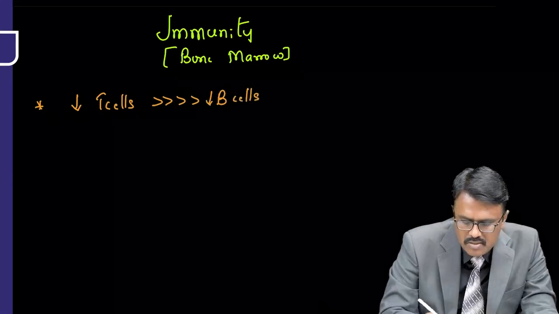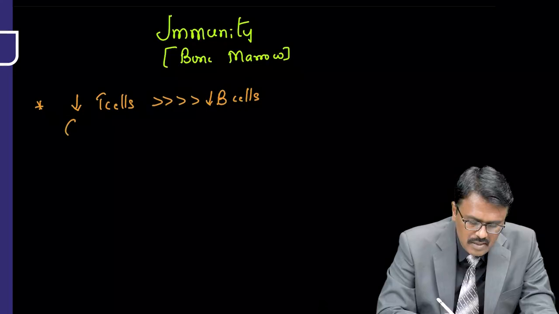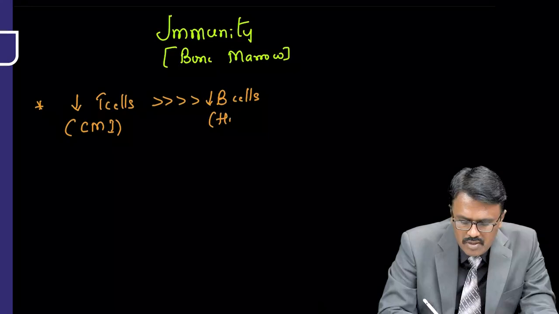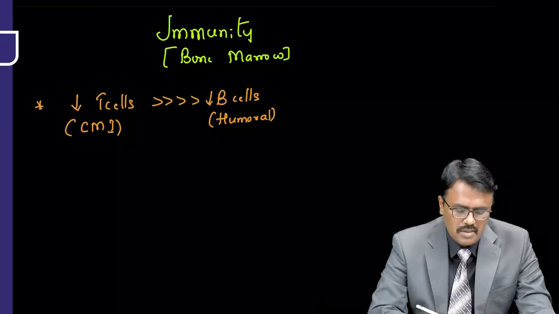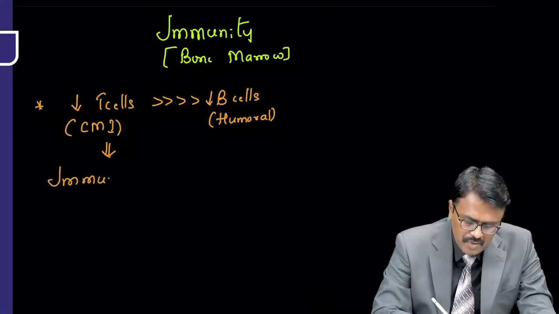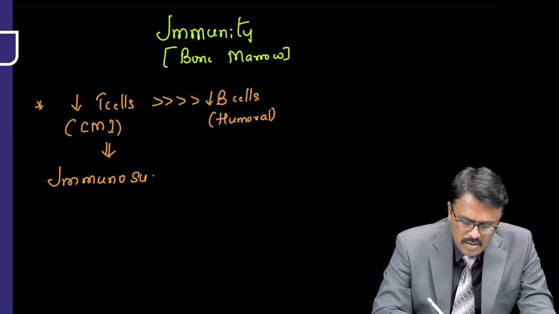So which immunity is mainly suppressed by them? It is the cell-mediated immunity which is suppressed more than the humoral immunity. Since they suppress the T cells, these are also called immunosuppressant. So steroids are immunosuppressant drugs.